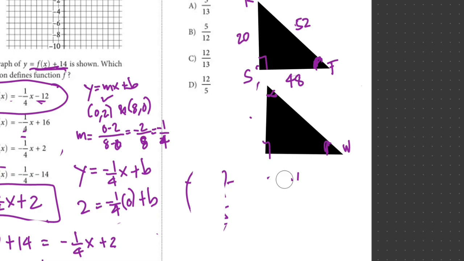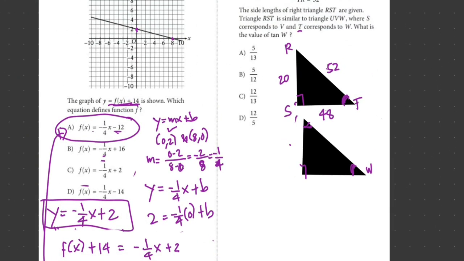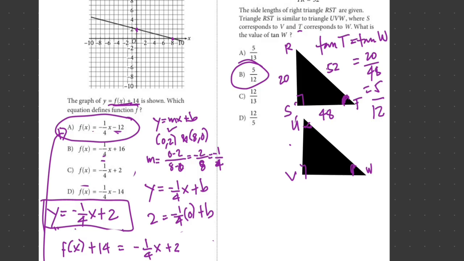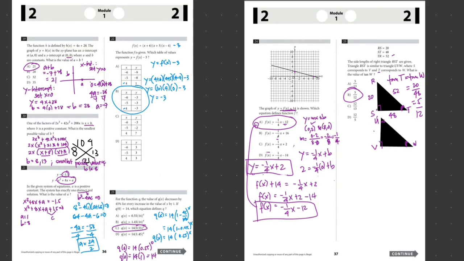It says S corresponds to V. So this is V. Then T corresponds to W. So that means this is U. So tangent of T, which is just tangent of W, is equal to opposite 20 over 48. That's how it got 5 over 12. Okay. So you have to draw well.